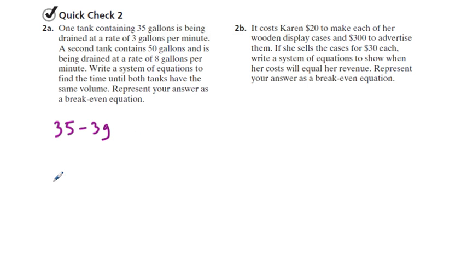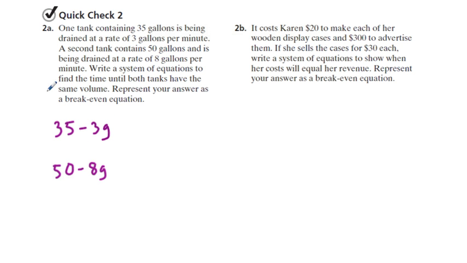The second tank contains 50 gallons and is being drained at a rate of 8 gallons per minute. If the slopes are different, you're going to have a solution, because you start out higher here and you're going down faster with this 50-gallon tank. So eventually you're going to intersect.